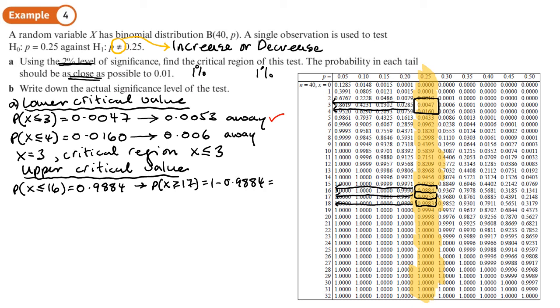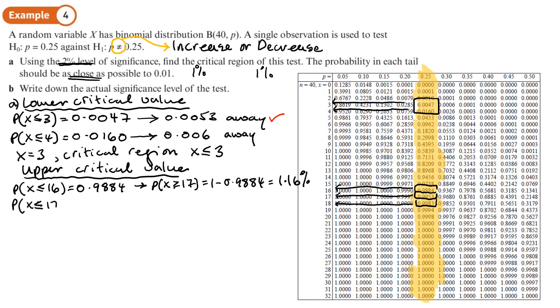Let's write these as percentages: 1 minus 0.9884 gives 1.16%, so that's close to 1%. Now, as I go down the table, the percentages are going to get smaller. So I don't go to 15, I now go to 17.